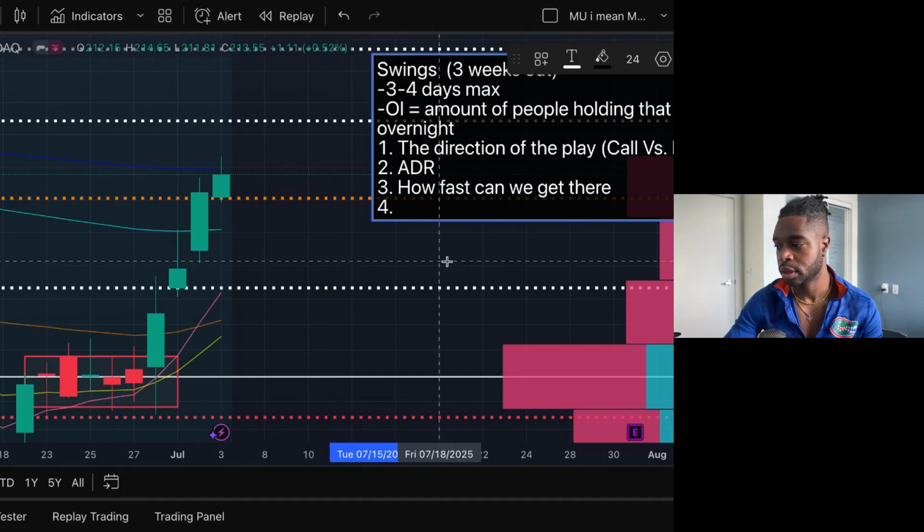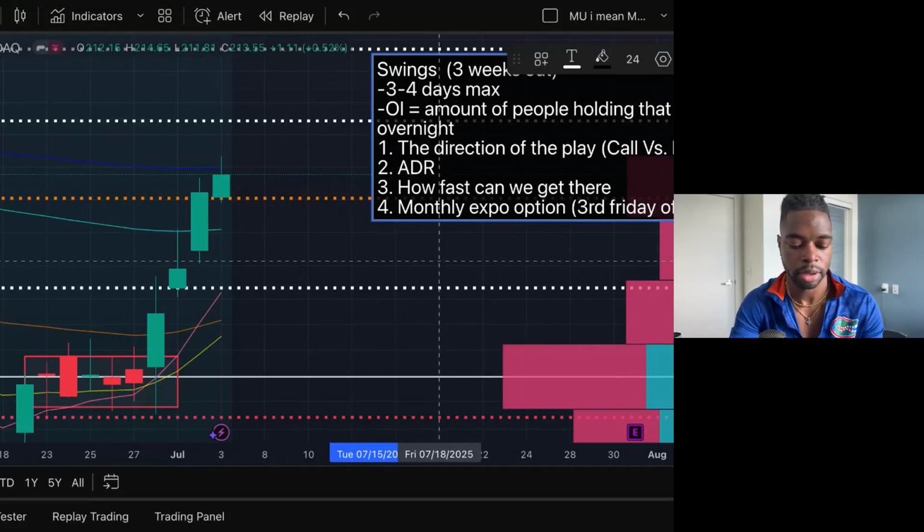The next thing for swings is that it's better to get the monthly expiration option. So what is the monthly expiration? Well, it's the third Friday of the month, and this is where the most volume and the most open interest is going to be found, which is why we don't really need to focus on the open interest.